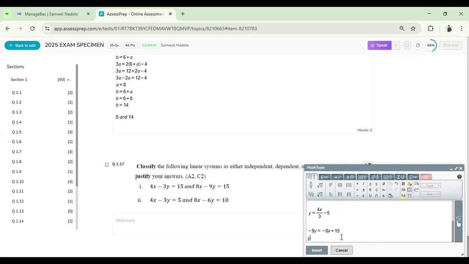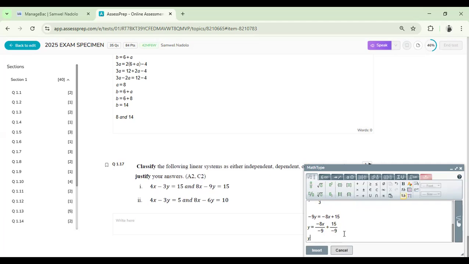My left hand side will be y, and then my right hand side will be a fraction with minus 8x divided by minus 9. And then plus 15, I'll have a fraction. Let me insert plus 15 here. Plus 15 on the numerator. In the denominator, we'll have minus 9.